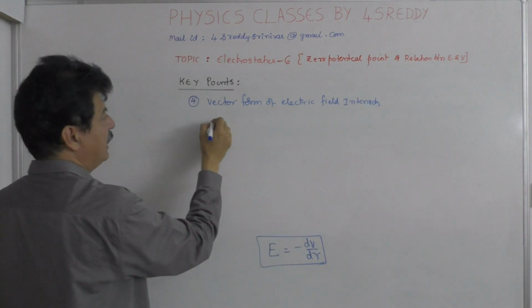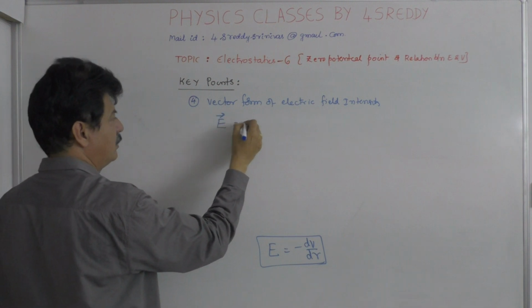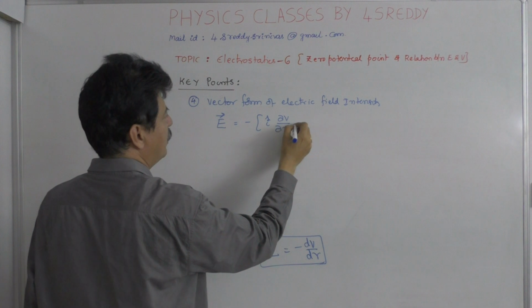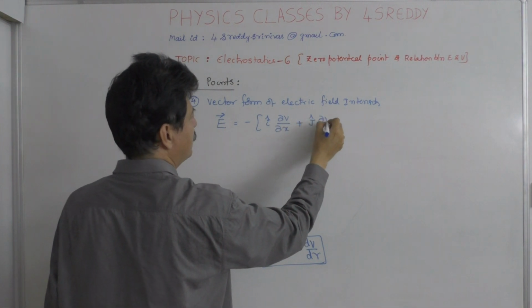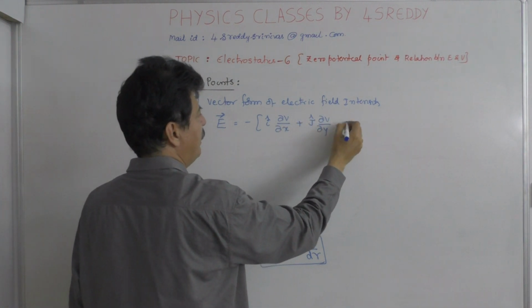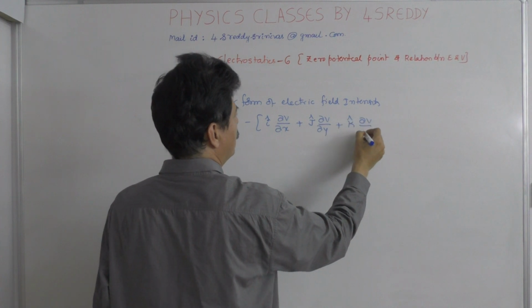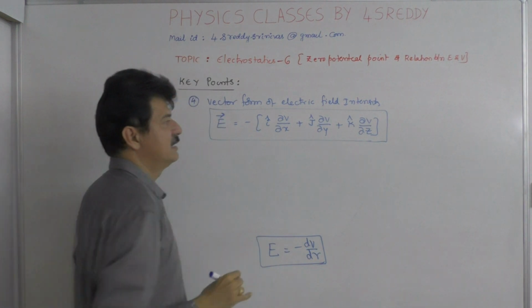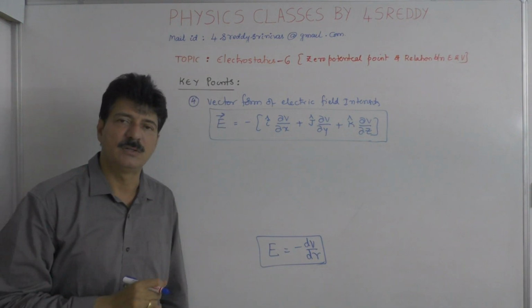You can write that as E bar is equal to minus of I cap into dou V by dou X plus J cap into dou V by dou Y plus K cap into dou V by dou Z. Once you got this, there is another formula related to this.